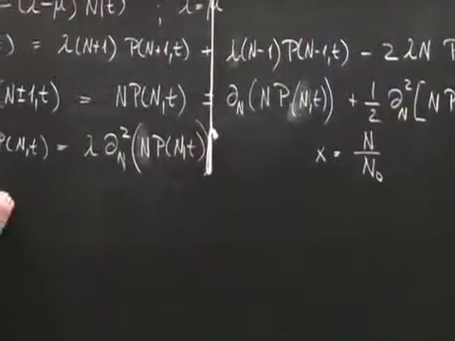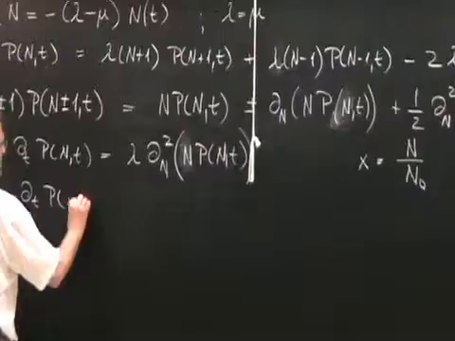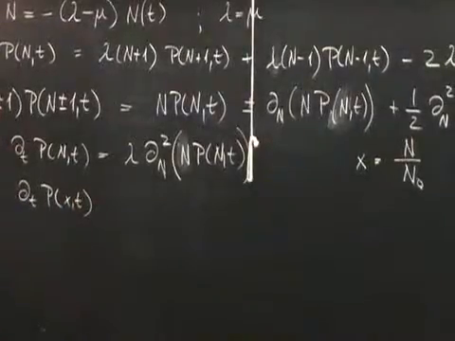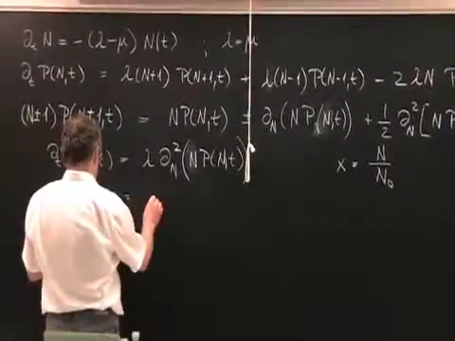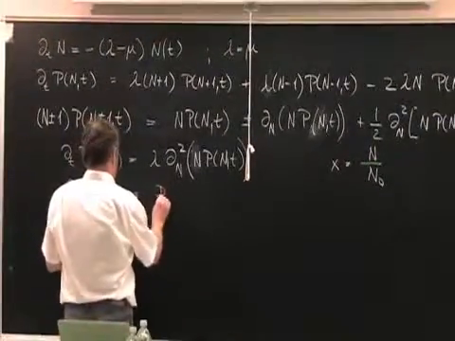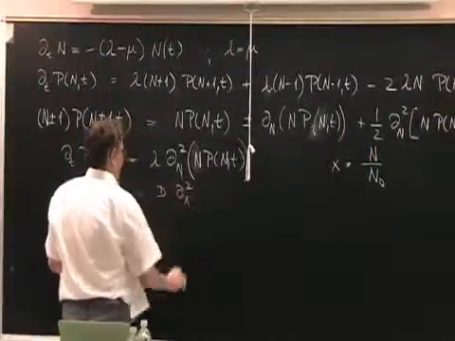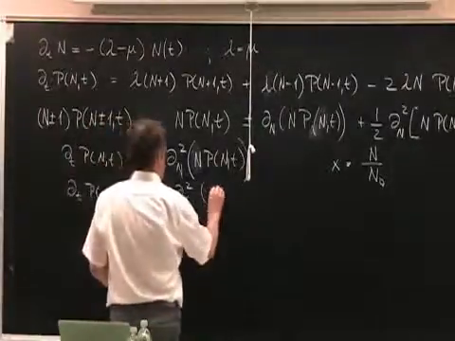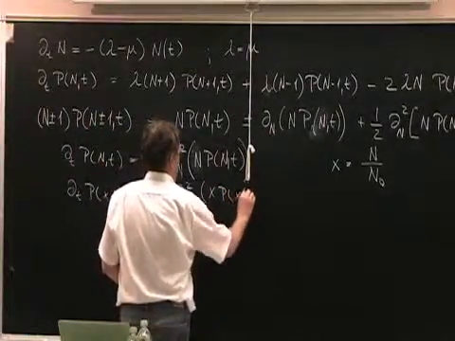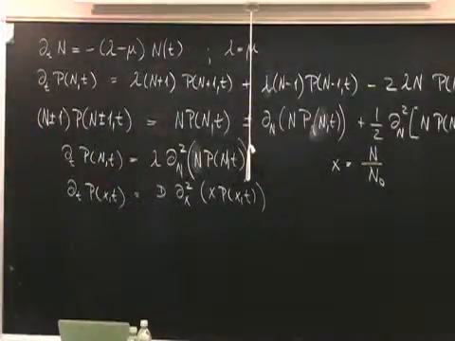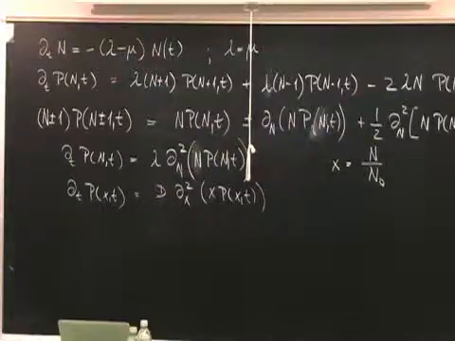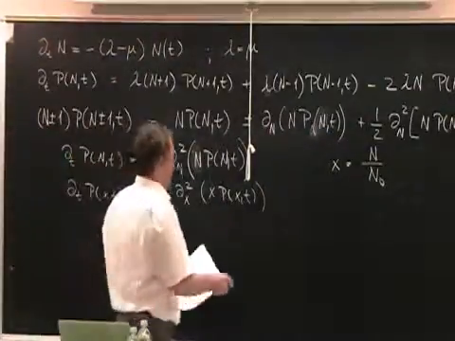And then you have ∂t p(x,t) equals a diffusion constant times the derivative with respect to x of p(x,t). And from the scaling, you immediately find how the diffusion constant depends on your system size.